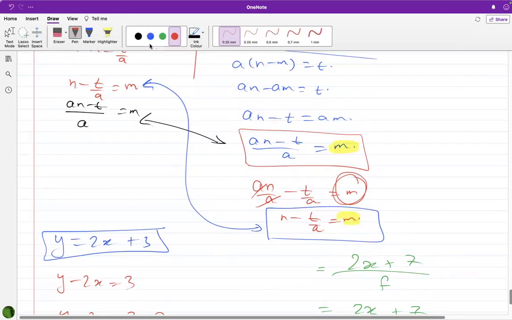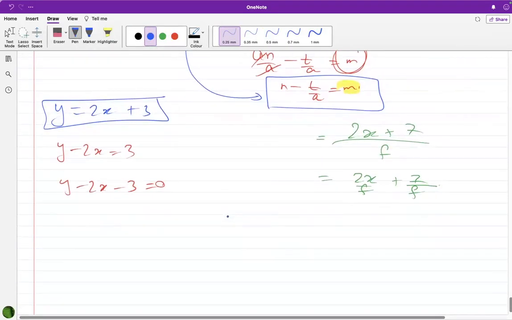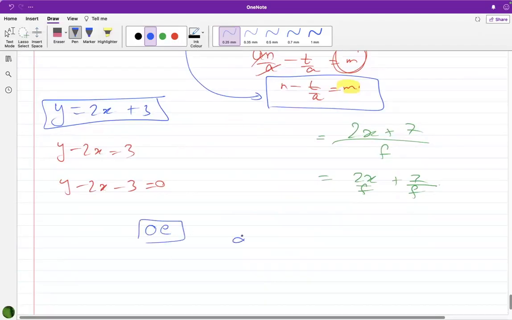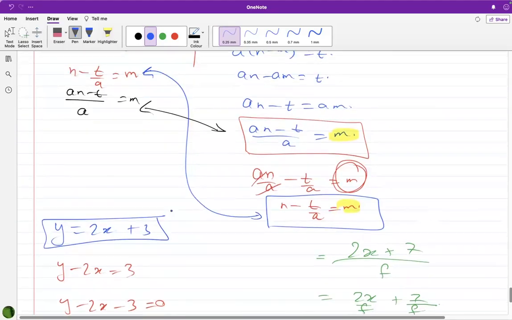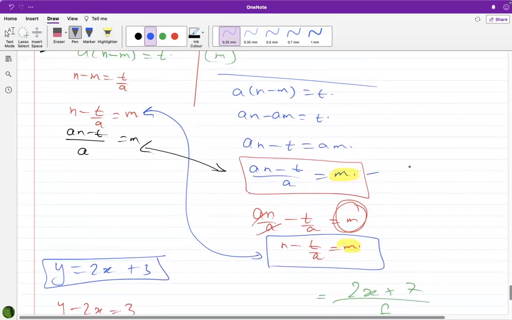What would be the marking criteria in the exam? He would have written OE, that means or equivalent. So many students may have option A, others may have option B. Both are correct. So we're allowed to put two different ones. Okay, it's the same thing, but in different forms. Yeah, the same thing in different forms. Equivalent form.